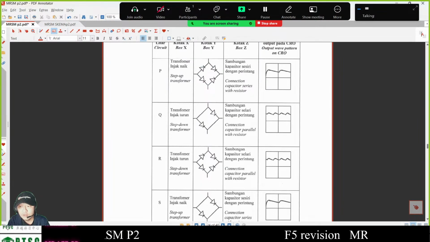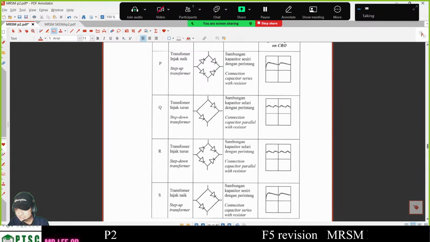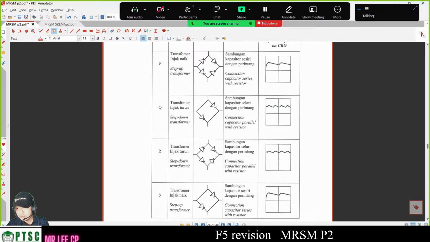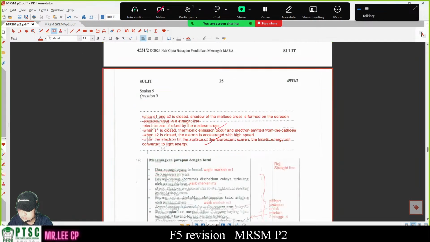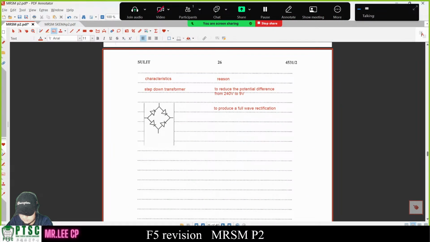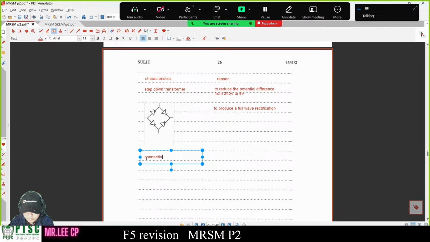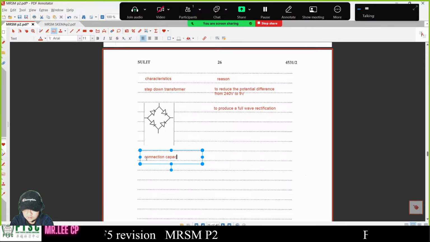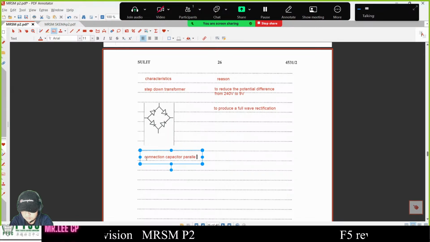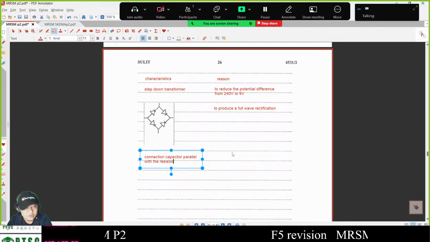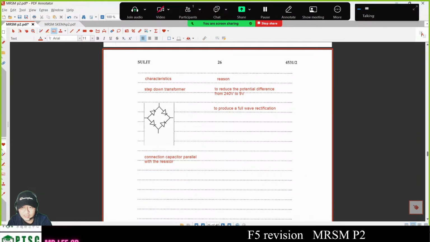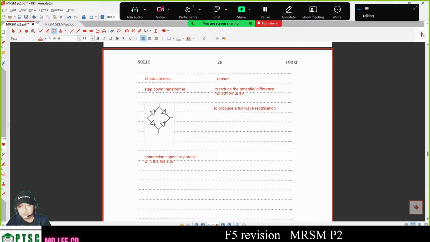Alright. So now the next thing is box Z. It is this connection, capacitor parallel with the resistor. So why did you answer it this way? Why must the capacitor be parallel to the resistor?